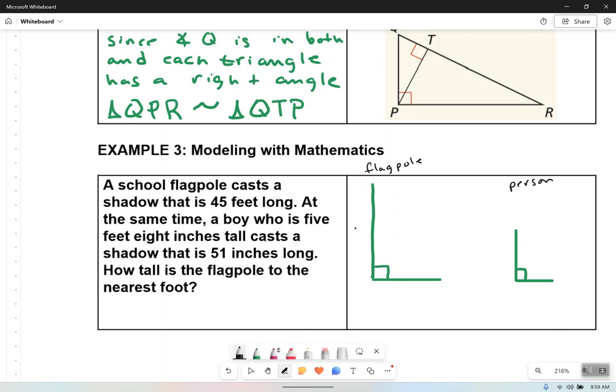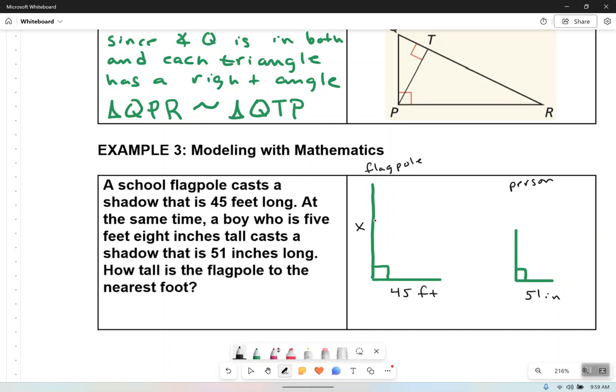I'm going to call the height of the flagpole X. Is that all right? Okay. How long is the shadow? I know this is 45 feet down here for a shadow then, isn't it? Okay, now we've got to be very careful on the boy, because the boy is what? 5 feet 8 inches, but he says he casts a shadow that is what?